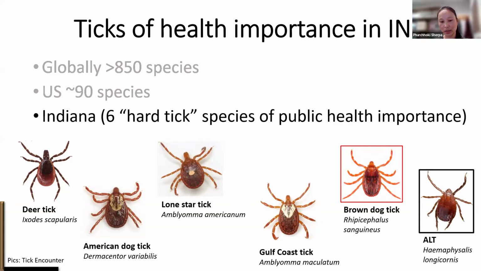The Gulf Coast tick here is known to transmit something called a spotted fever rickettsiosis, which is very similar to Rocky Mountain spotted fever, which is transmitted by the American dog tick. I can talk about that a little bit later too. And here, brown dog tick and Asian longhorn tick, I have them boxed in because I'm putting them as watch out ticks for human diseases.